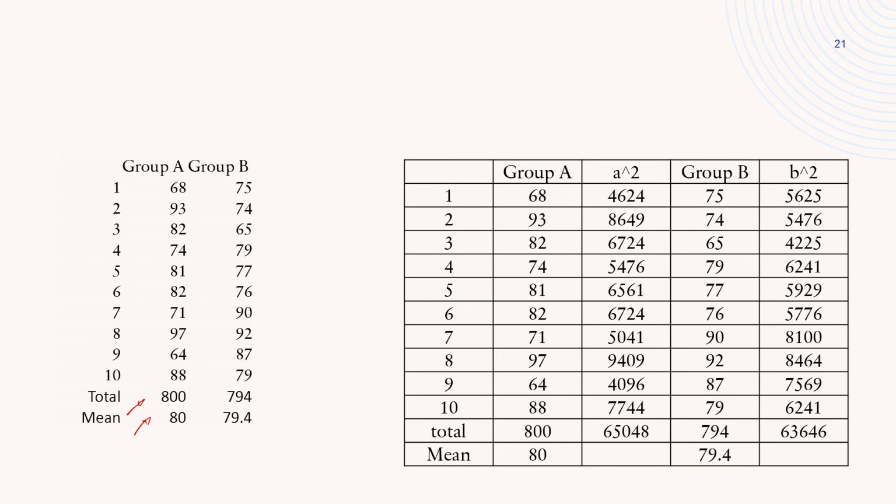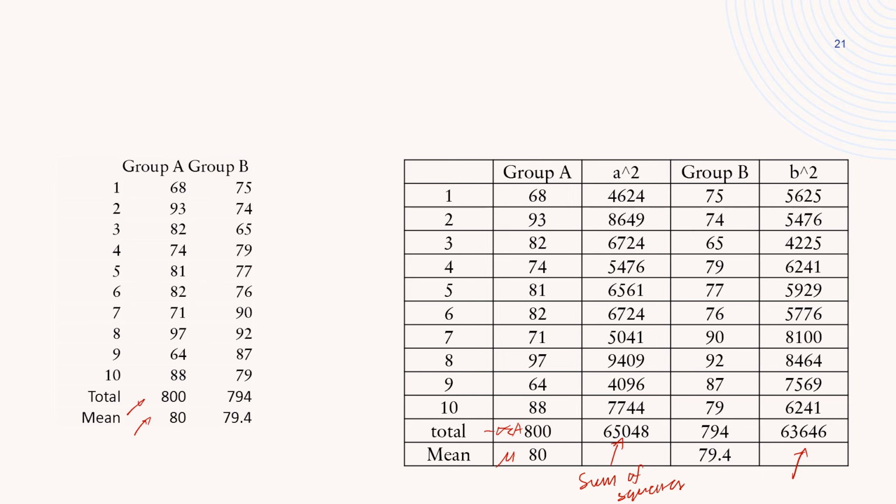So you have your group A. I have the total, this is our summation of A. This is our mean. You have your 65,048. That would be your sum of squares.